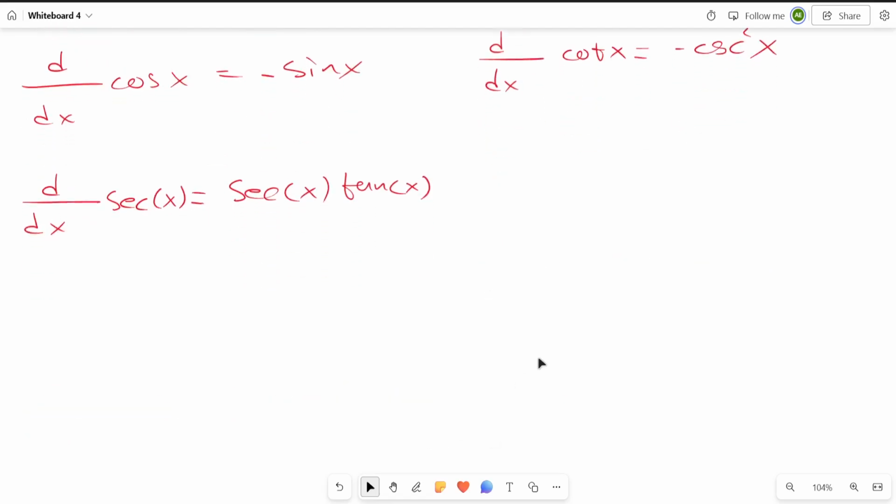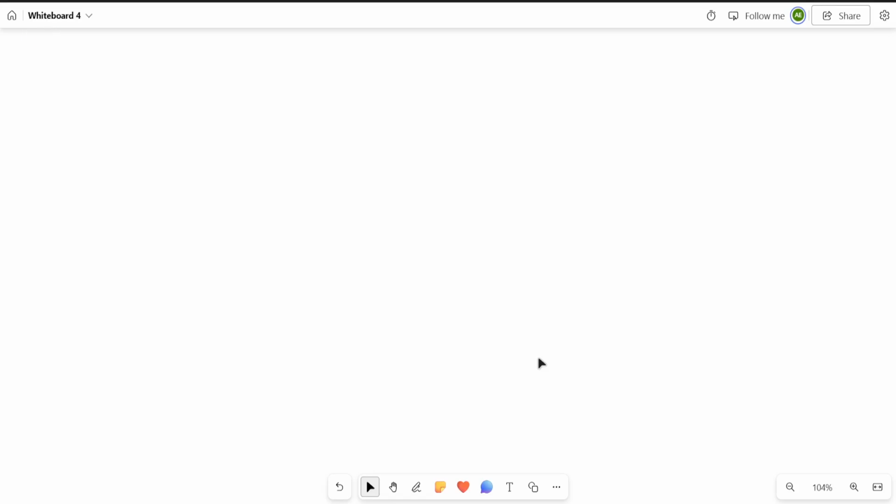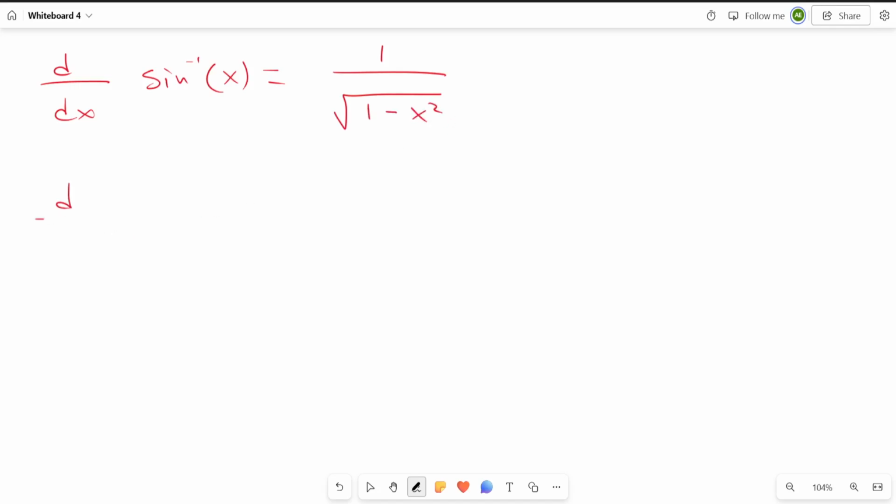Okay, so continuing from here, our final part is when we have d by dx of inverse sine of x. This is basically 1 over square root of 1 minus x squared. And the differentiation of the inverse of cosine of x is going to equal negative the same exact thing, just multiplied by negative 1 over square root of 1 minus x squared.